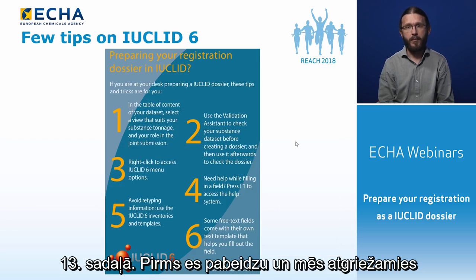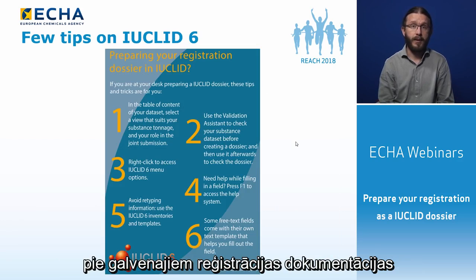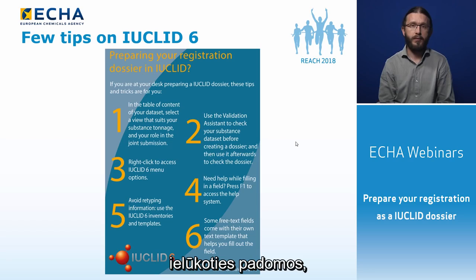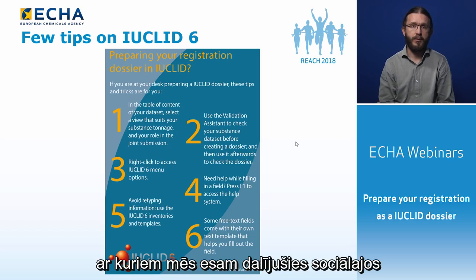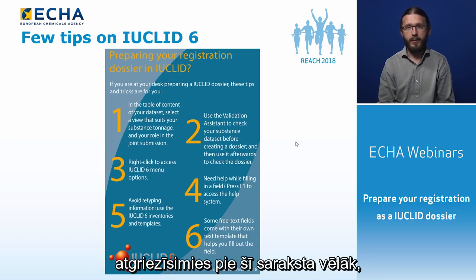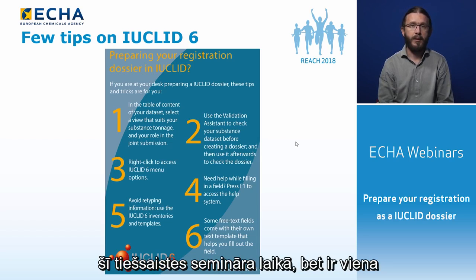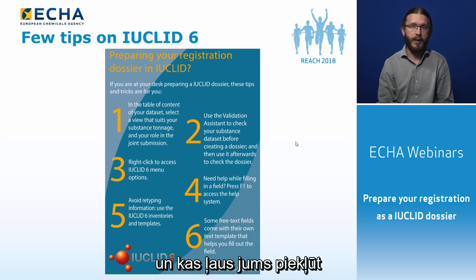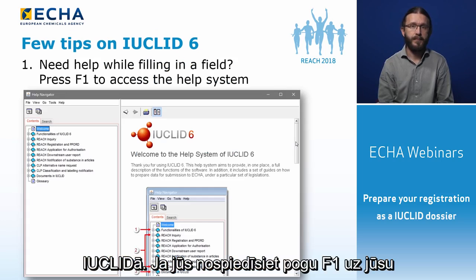Before I conclude and we come back to the main steps of the preparation of a registration dossier, I would like to invite you to have a look at the tips we shared in the social media and on our ECHA website. Adam will come back to this list of tips later during this webinar, but there is particularly one thing that is important to know and that will allow you to get access to specific support within IUCLID itself.